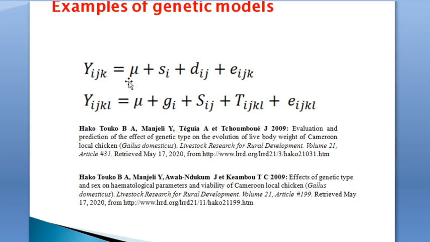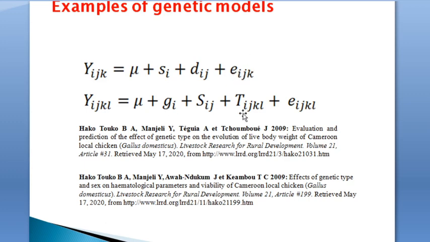Now we have examples of genetic models. The one we used for the estimate of the heritability through the variance and covariance method, where mu was the performance of the population, Si was the effect of the sire on the performance, Dig was the effect of the dams, and then this was the residual errors.